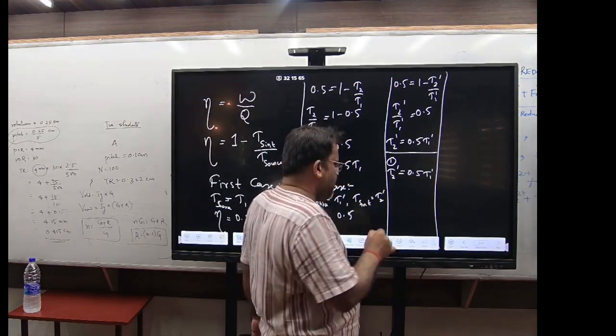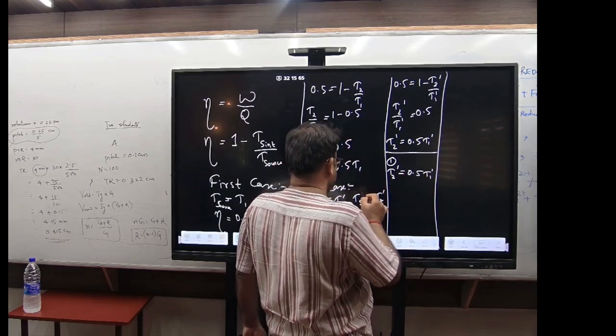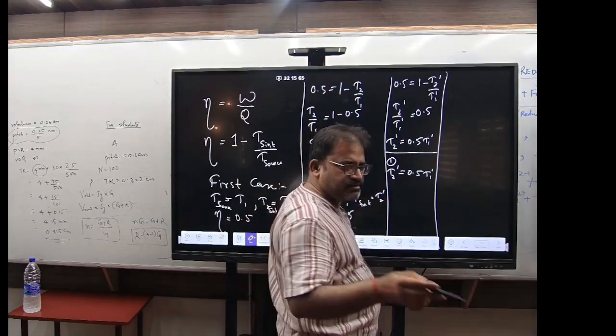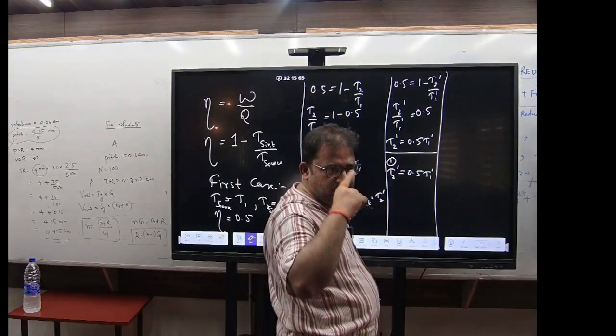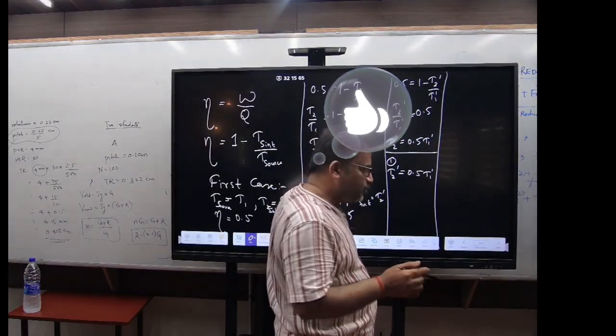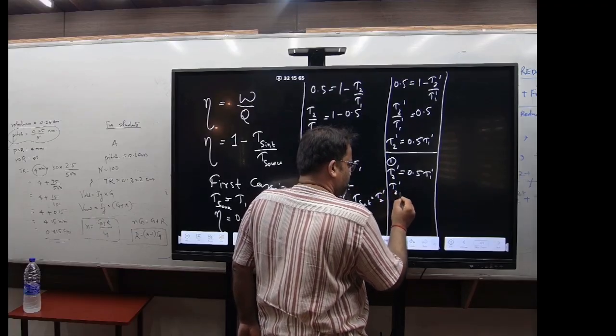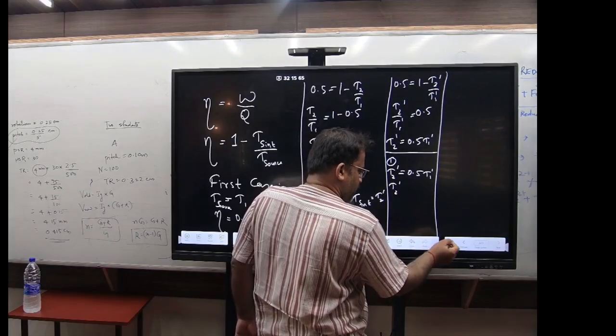All right. And here, what is T1 prime? See this thing, what is T1 prime? The first option, 2T1. So that means T2 prime is, sorry, we'll go for RHS.